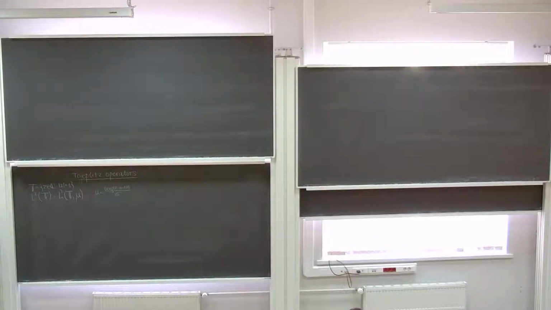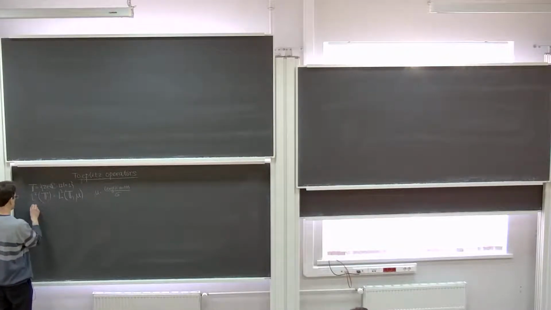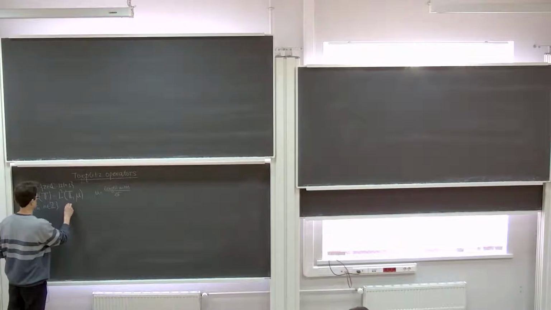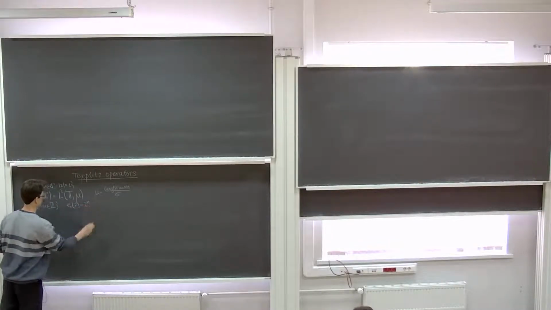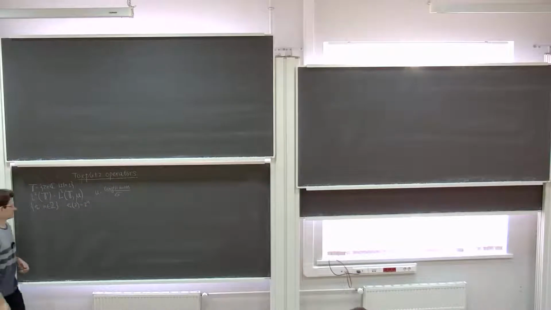This space has a classical orthonormal basis, namely the trigonometric basis, denoted by e_n. So the function e_n is given by the following simple formula. So this is an orthonormal basis on L2.